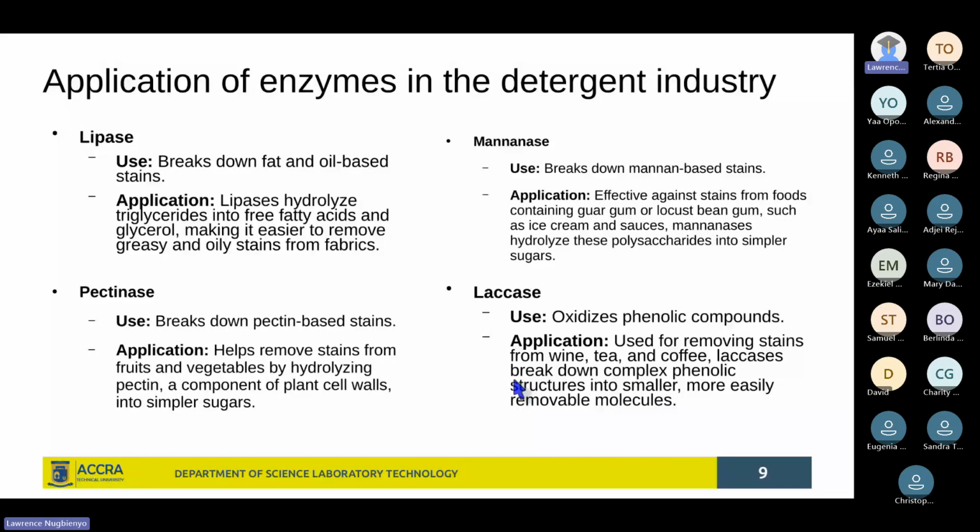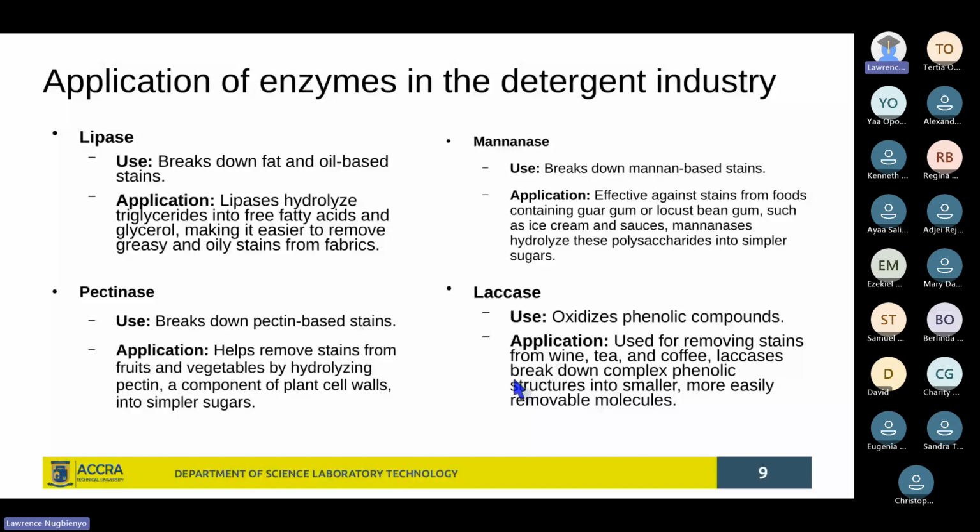We have some lipid-based stains, some kind of oil, and usually you think that if you want to remove a lipid-based stain, you just use some hot water. A lot of times you soak the material in hot water, and the hot water will help to remove that stain.